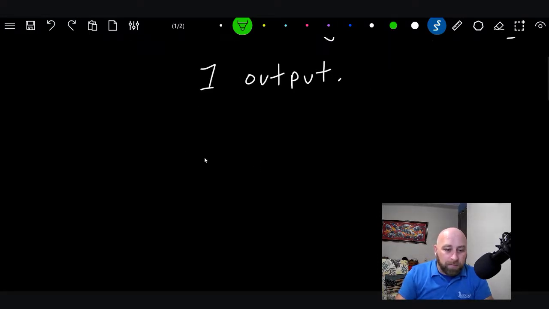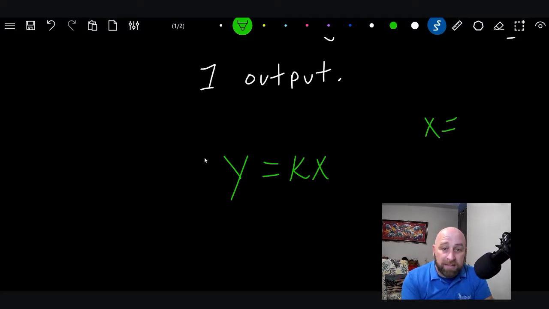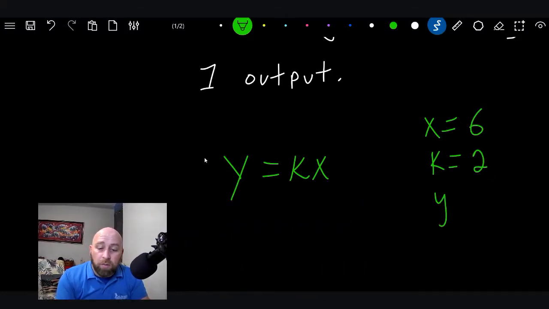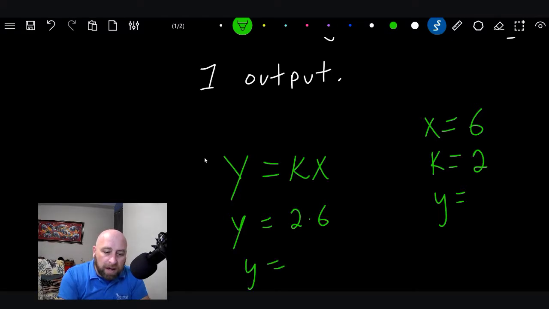Well, here's an example. In direct variation, when we had y equals kx, when we put something in for x, x is the input. Let's say we said x equals 6 and k equals 2. Well, when we get our output, our y, y equals 2 times 6, we get y equals 12.